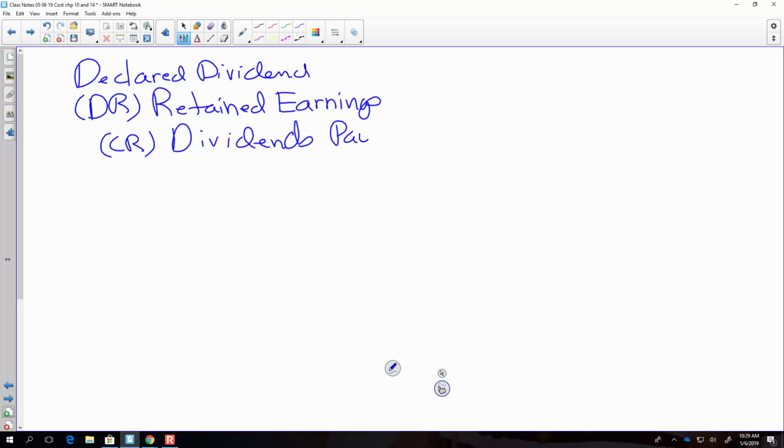So when I declare a dividend, does this entry affect cash at all? And the answer is no. It's got to say the word paid, and in this particular example, it says paid. What's my paid entry then? Dividends payable and cash.